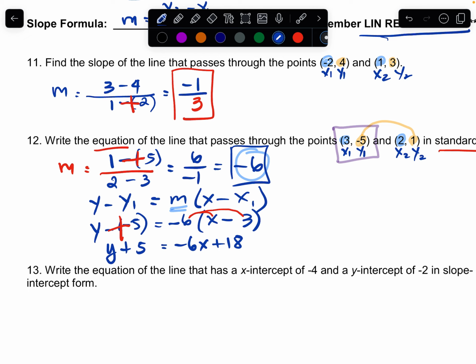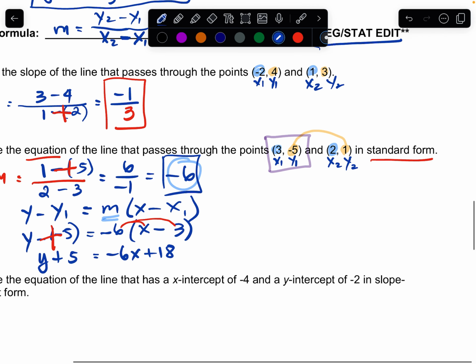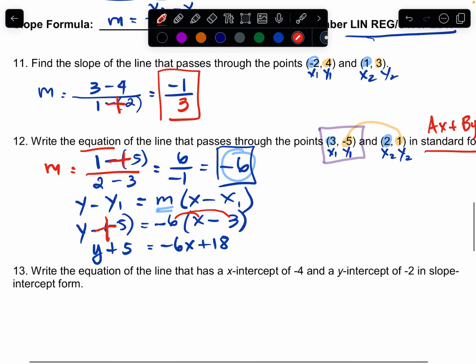Now, remember, our standard form is ax plus by equals some c. So I need my x and my y together. Well, right now my x is on the other side, right? And I have a number here too. I don't want the number there. I want it on the right side of the equal sign.